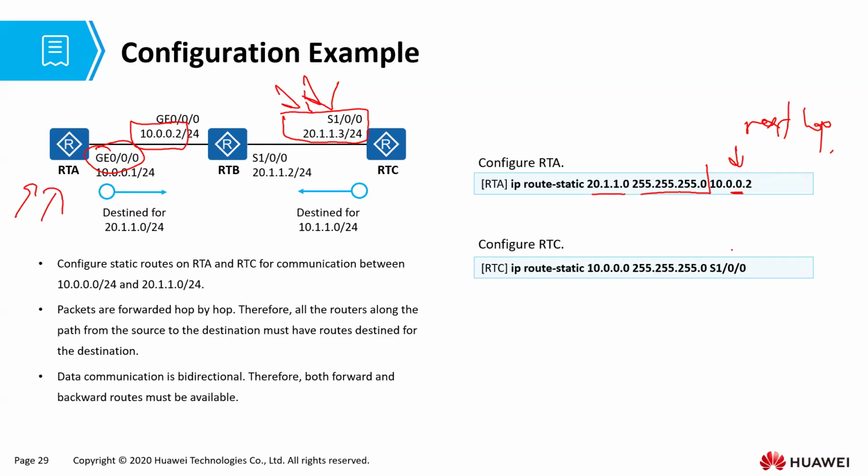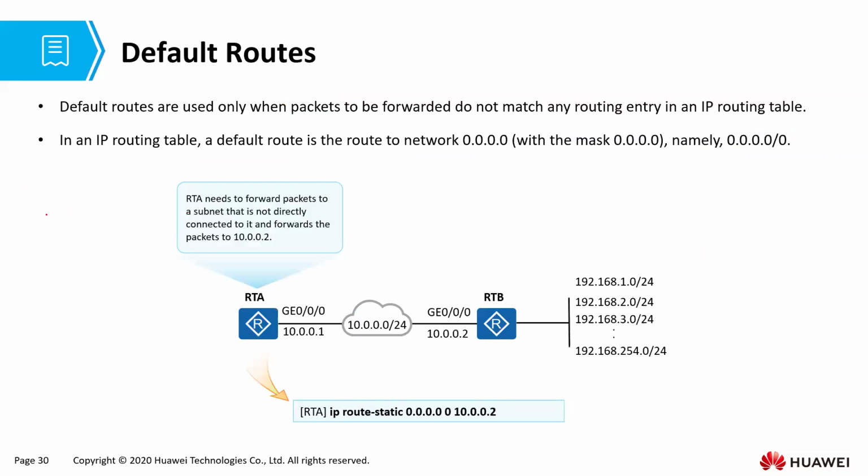No, is it different? I think this is another example. Configure RTC. I think we are configuring this one to get to this network. To get there from RTC, the exit interface here, then Serial 1/0/0. I was thinking it's the same as before, but it's a bit different. So that's how you configure static routes.